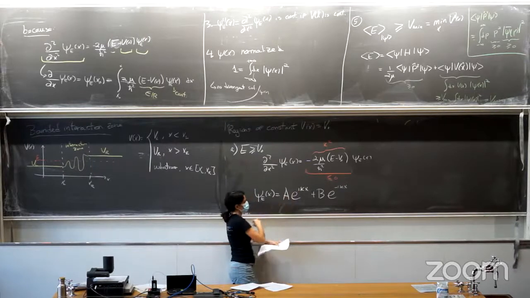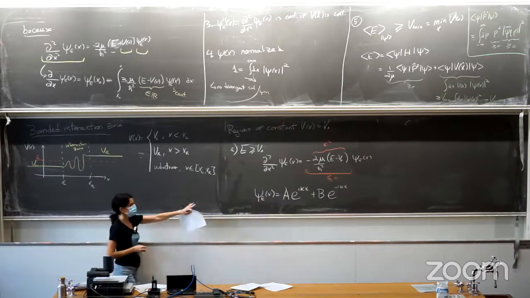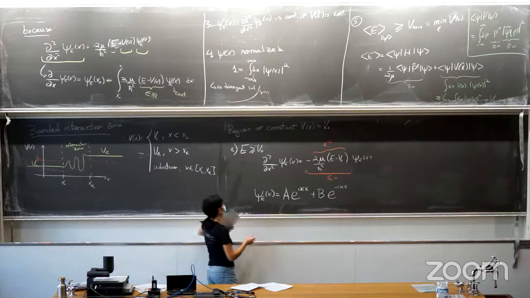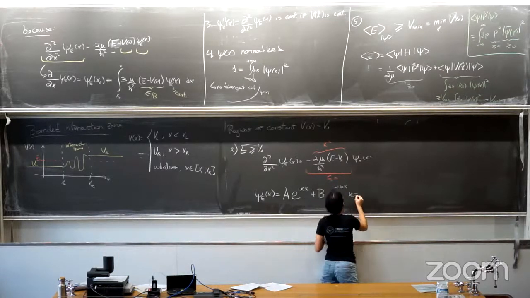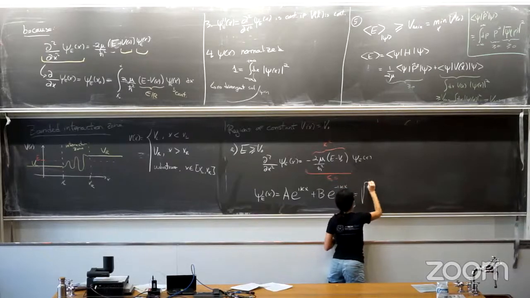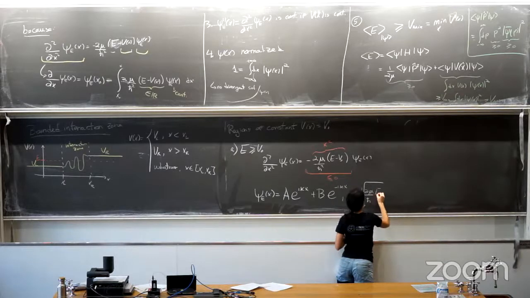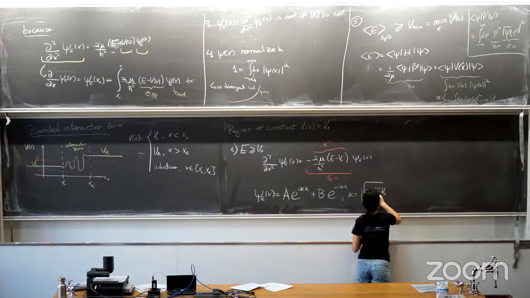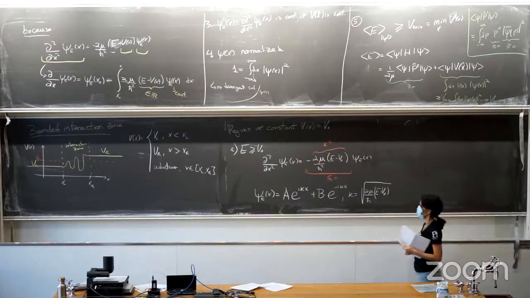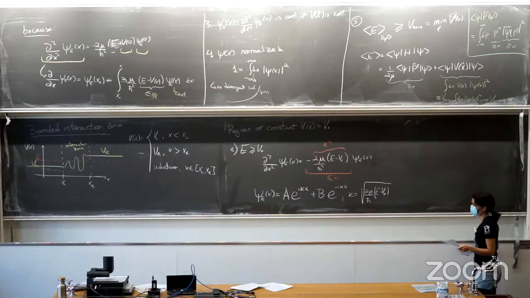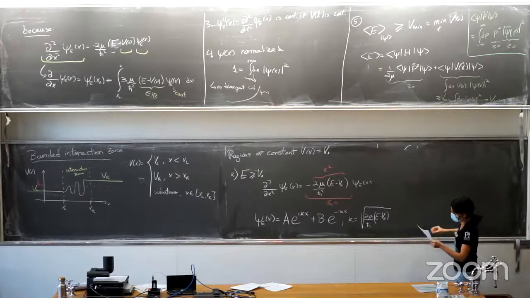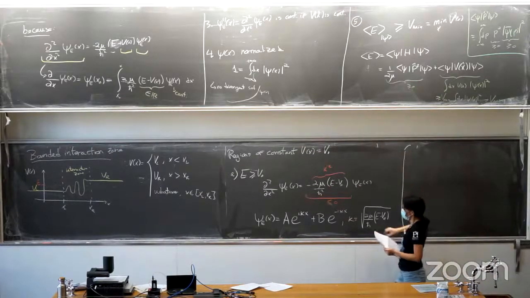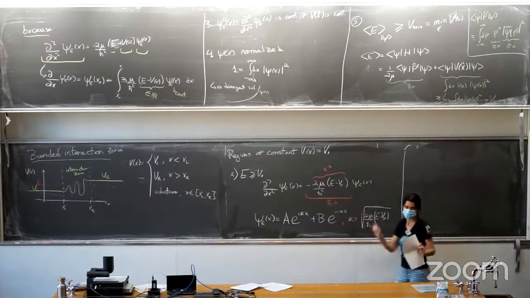So this is a general form of solutions, and k is the square root of this thing here, 2m over h bar squared, times E minus V0. So some examples that we already saw of this, although we didn't look at them this way. And of course that now these constants depend on the setting. Okay, but some examples we saw.